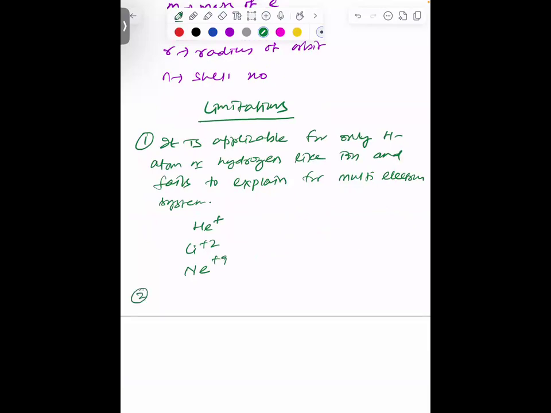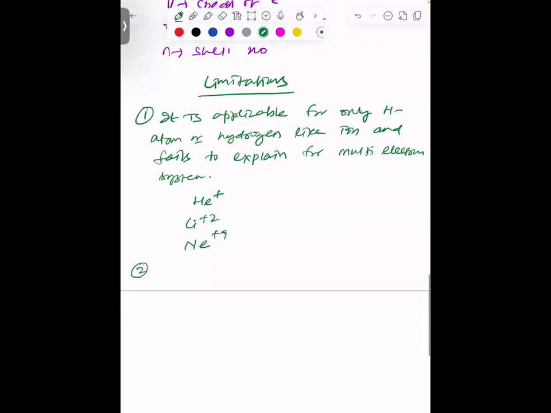What is the next limitation? According to this model, electrons are revolving around the nucleus in a circular path with constant speed. Because it is a circular path, we can easily measure the radius of the circle.